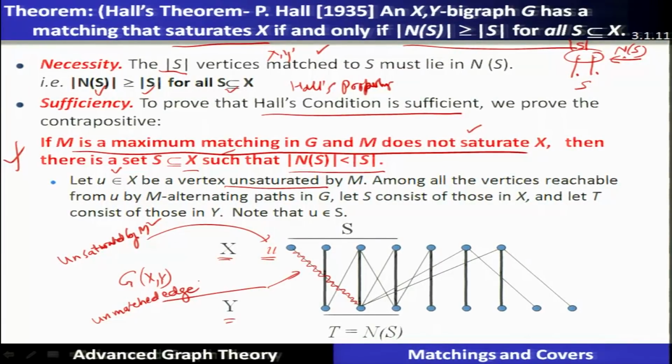We can reach a node in Y, and let us call it a part of T, or a neighborhood of S. Using a matched edge, it will take you back to the set X, and we call it that this vertex which is matched by a node of Y is present in S. Let S consist of those in X and let T consist of those in Y.